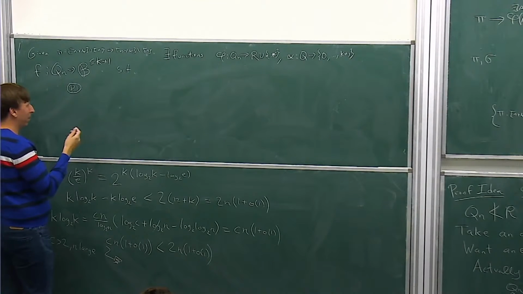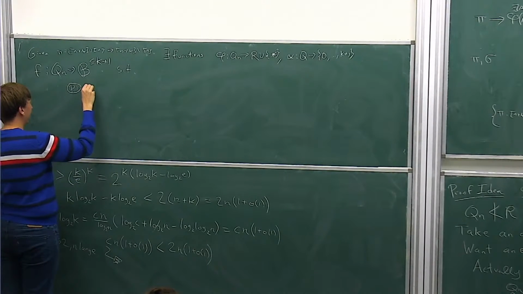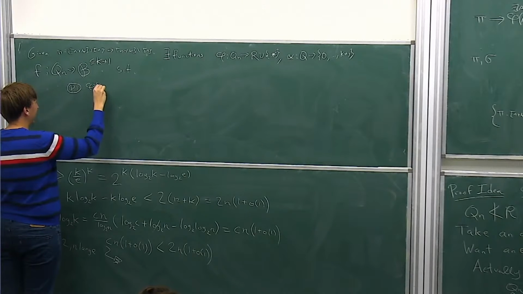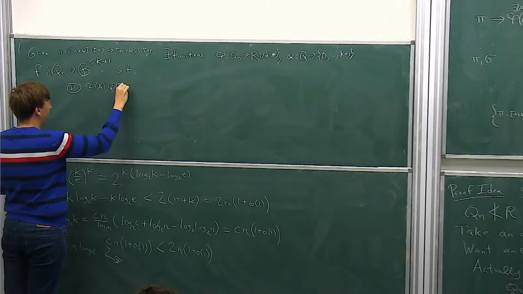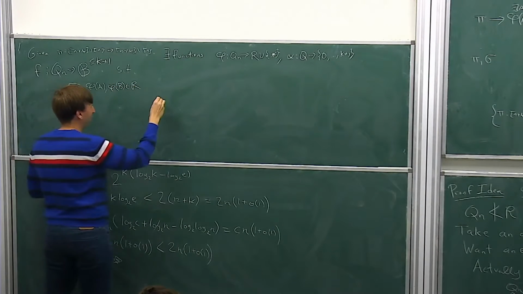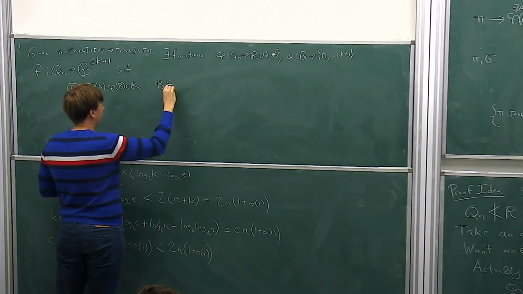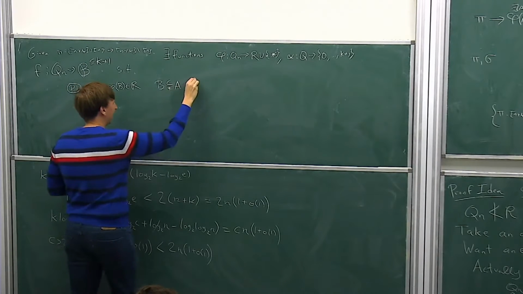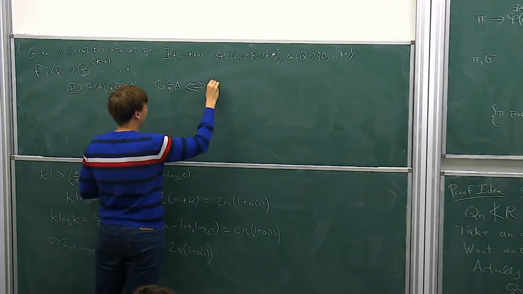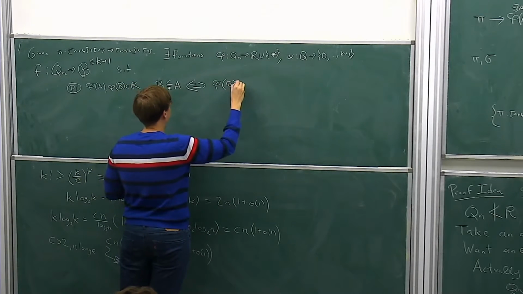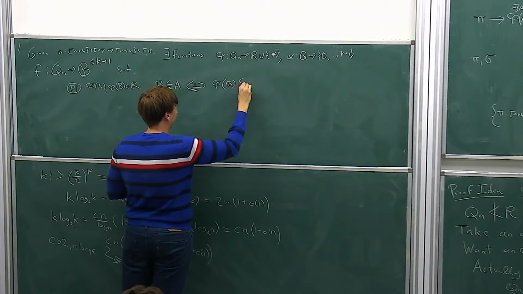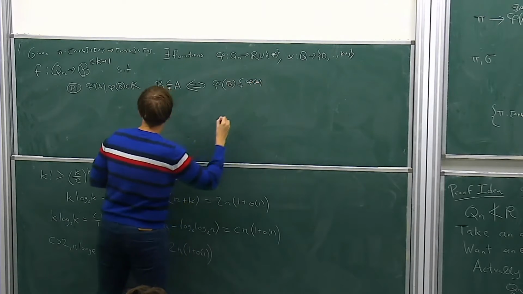I mean, basic things that we want: for any A and B, if phi A and phi B are red sets, then we want B to be a proper subset of A if and only if phi B is a proper subset of phi A. That's the property we want.